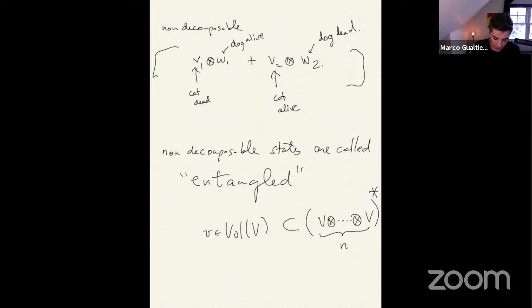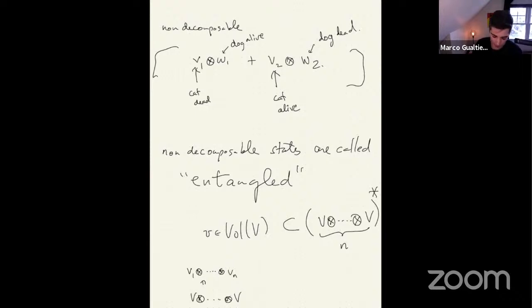V tensor V means that you're supposed to take decomposable tensors, n of them. That would be an element inside V tensor V tensor V, and I'm supposed to take linear combinations of these.